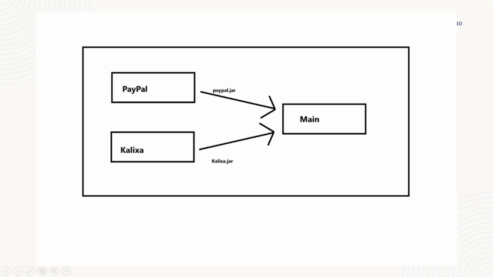Now, to summarize the whole diagram and the concept, this architecture allows the main module to work with multiple payment providers seamlessly by using dedicated modules for each provider. It provides flexibility, modularity, and scalability for handling online transactions across different gateways, ensuring a smooth and adaptable payment integration.